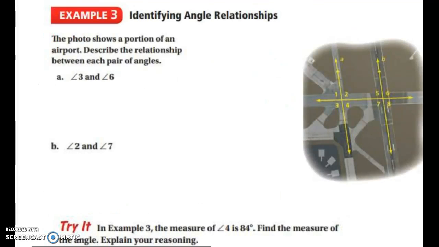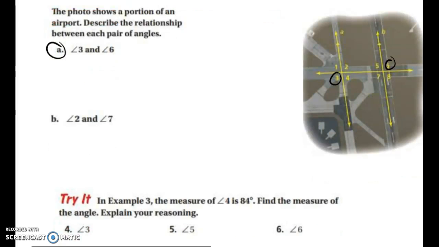All right, so we are going to describe the relationship between each angle or pair of angles that are given. So in A, we are looking at 3 and 6. And to describe the relationship between those two, we call those exterior angles.